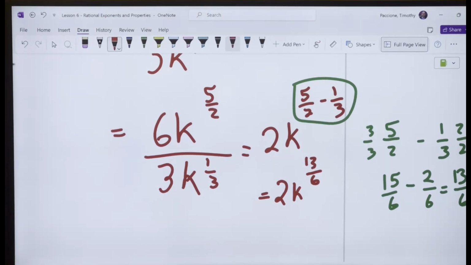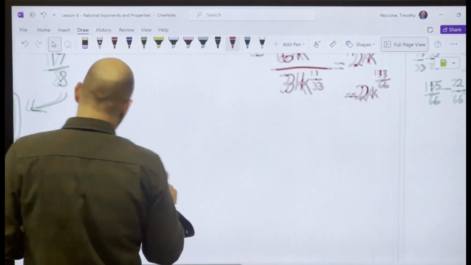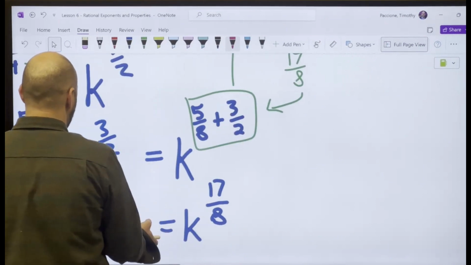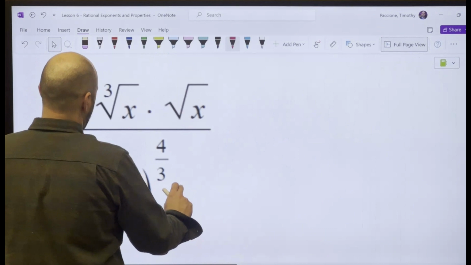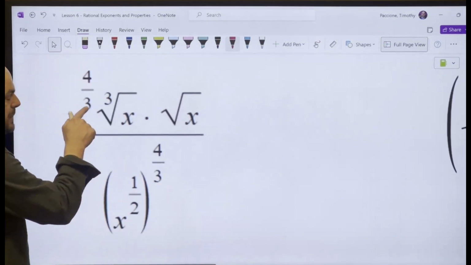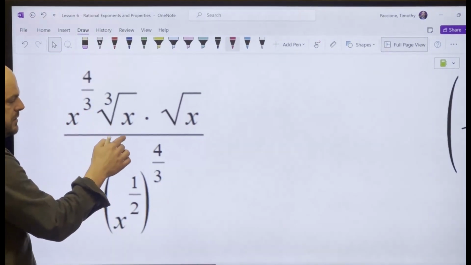All right. Now the next one had an extra wrinkle that I didn't tell you what to do. Some of you are all over it. If I have this kind of situation, well, I got exponents, I got radicals, right?